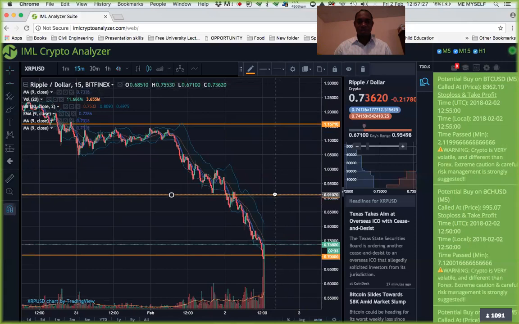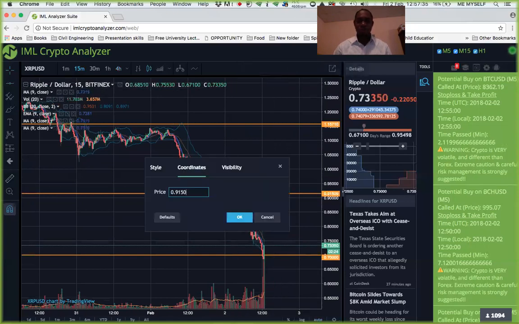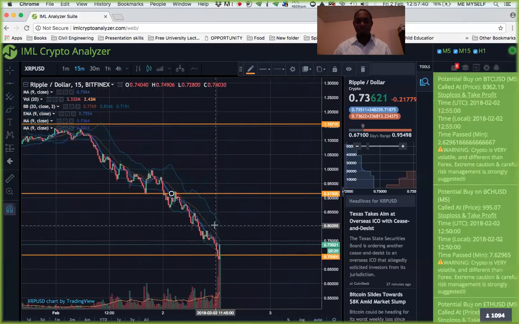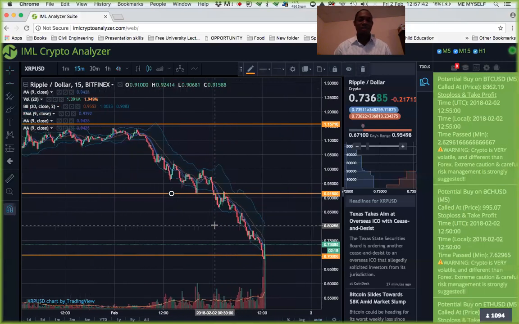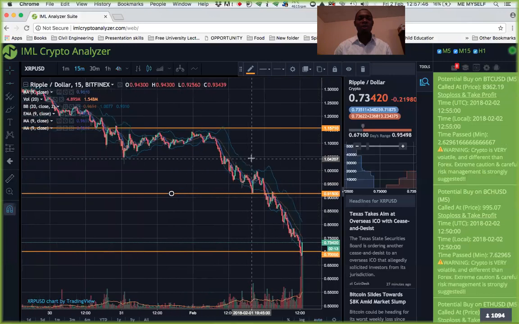And so I want to tweak this, push this up a little bit. All right, so I could change that. Okay, nice whole figure. Ripple is looking like water. Right, so how do we trade this thing?